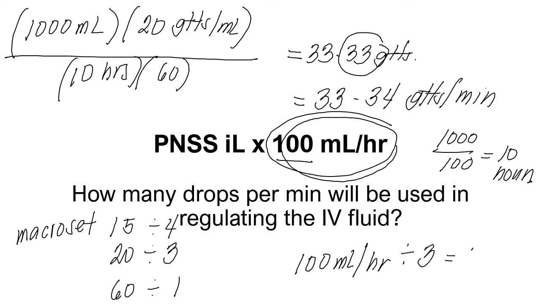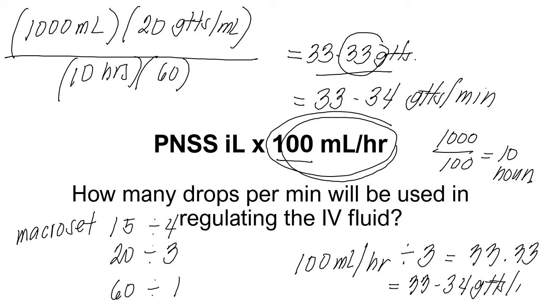That would give you a value of 33.33, just the same as our computation earlier, and then the value is 33 to 34 drops per minute. Try to apply these shortcuts in various scenarios so that you'll be able to practice.